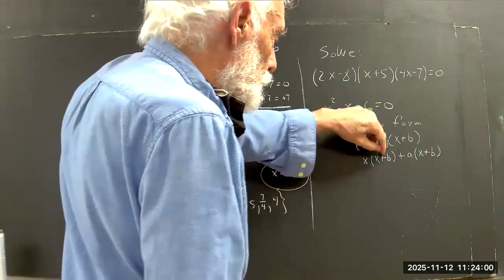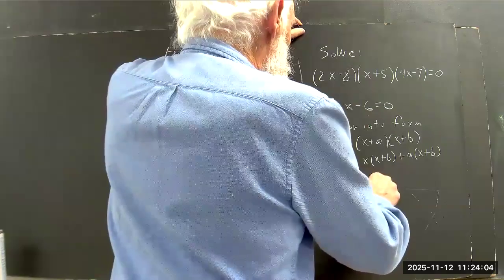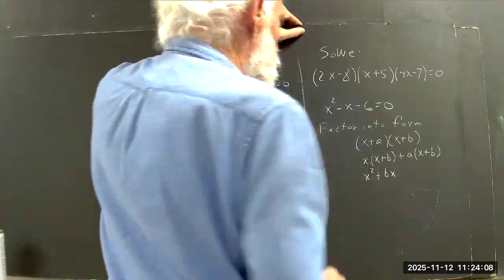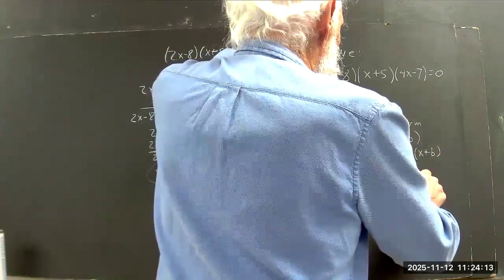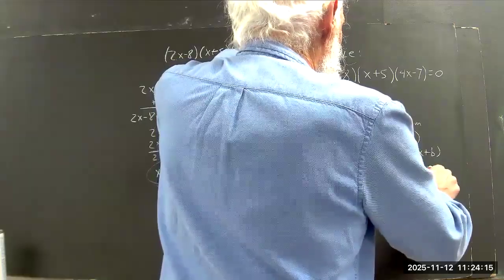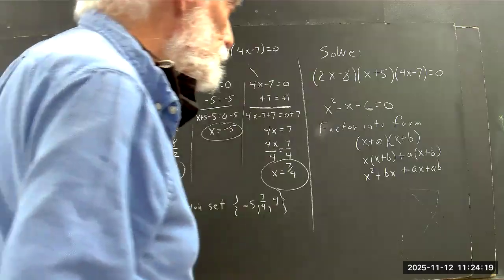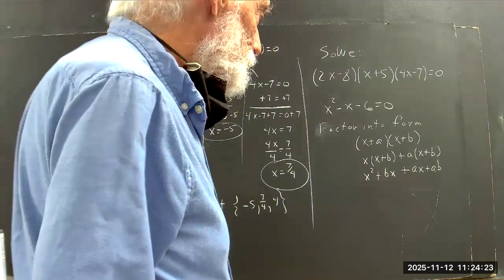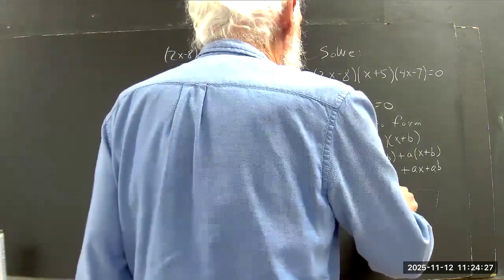And then the distributive law again: x multiplied by the quantity x plus b gives us x squared plus bx, and a times the quantity x plus b gives us ax plus ab. And of course, bx plus ax is just a plus b times x.